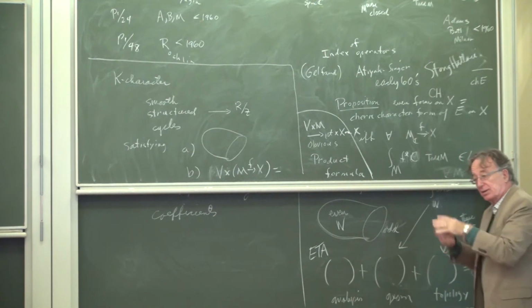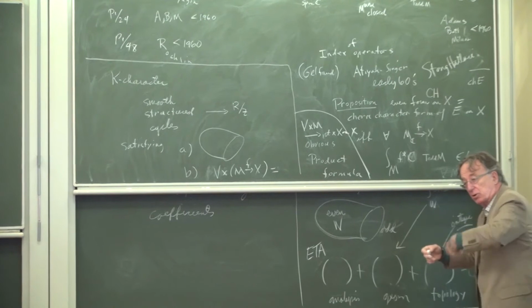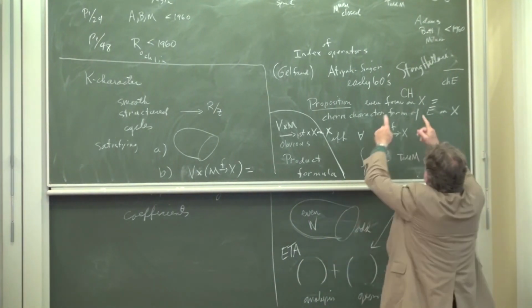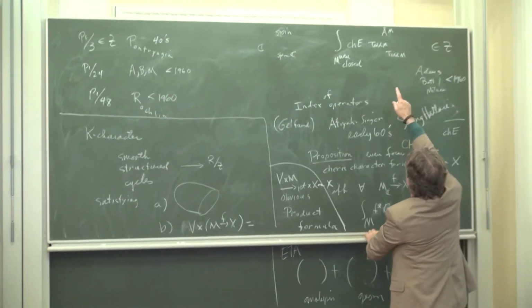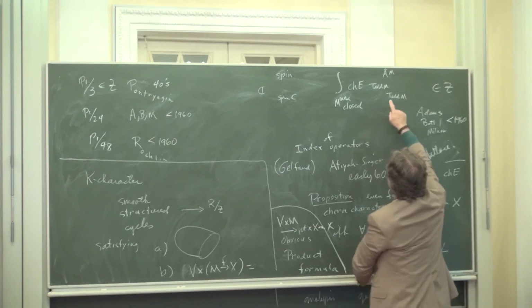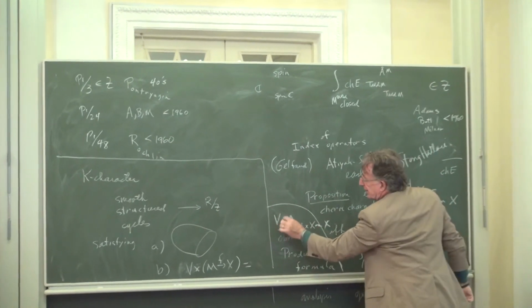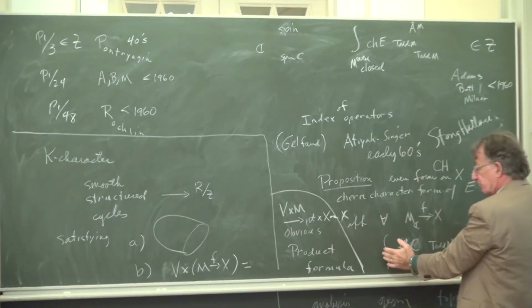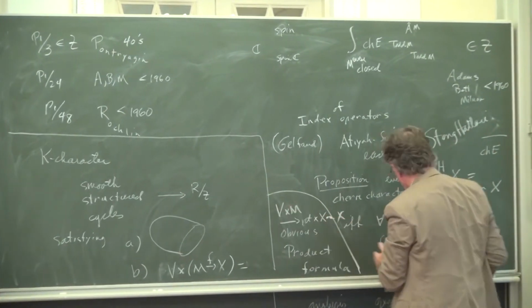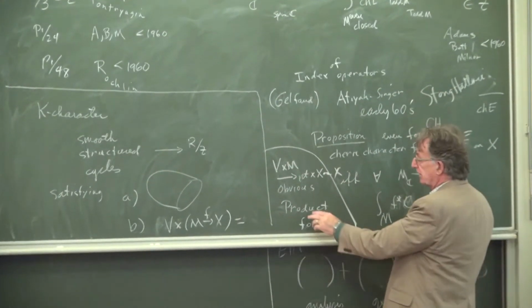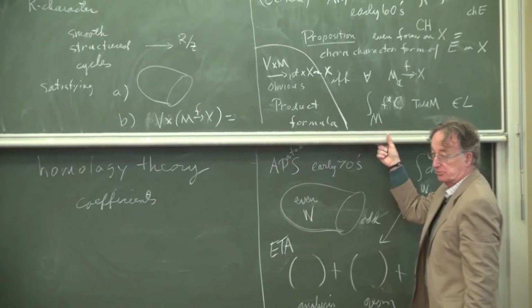You can multiply these elements by closed manifolds mapping to a point. Then, because of the multiplicative property of this and the fact that there's nothing mapping to a point, this number will just multiply by the Todd genus of V. If you compute this number and then do this and compute this number, it just differs by multiplication by the Todd genus of V. So I'm going to call that the product formula. An obvious product formula.